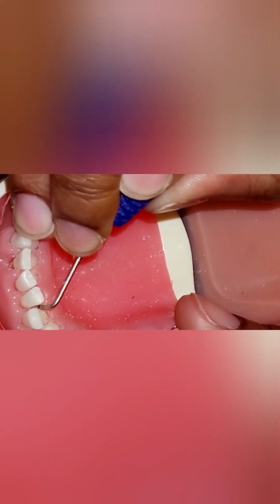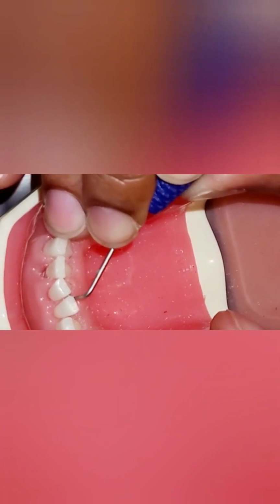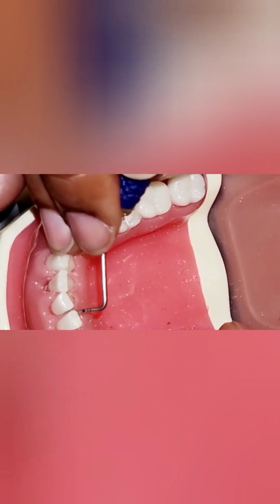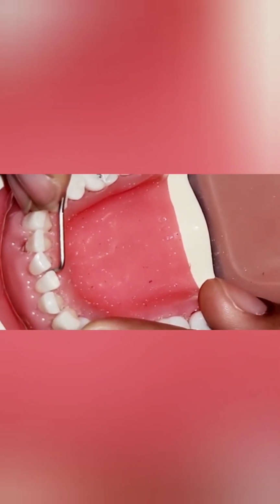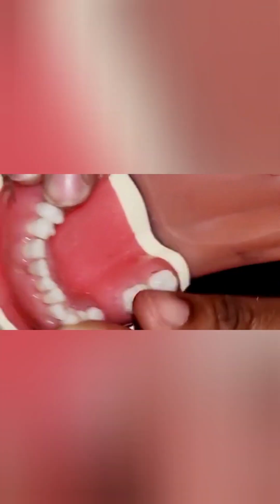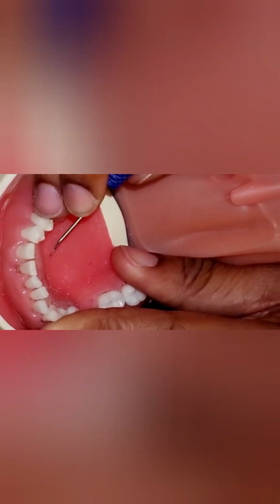That is an 8. We'll get back. That's a 7. That's also an 8. Now we're going to the fourth quadrant, anterior tooth. The distal line angle is in a different location.